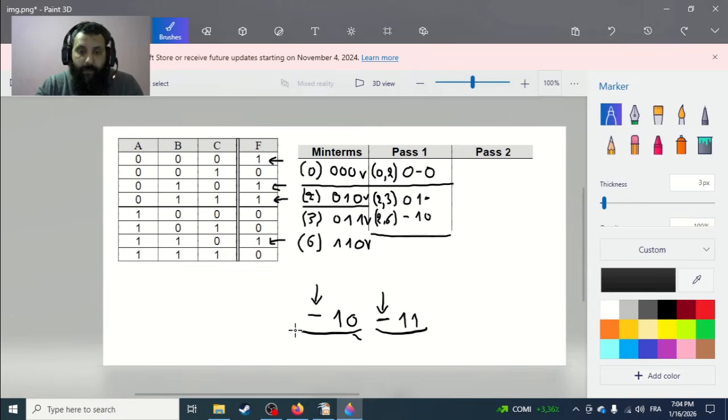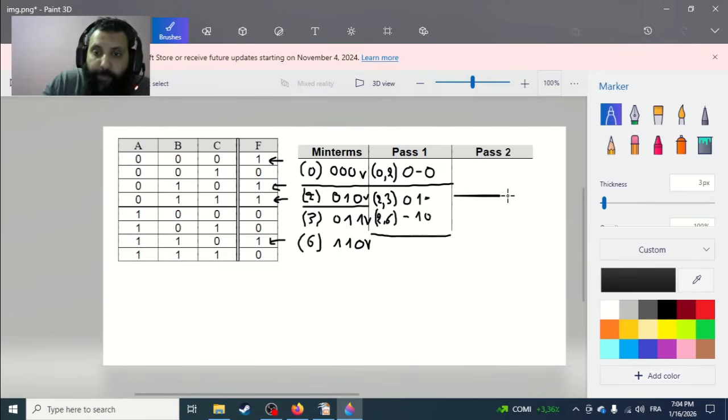This is the reason that the groups created for pass 2, pass 3, and so on, starting from pass 2, represent the position of the dash.